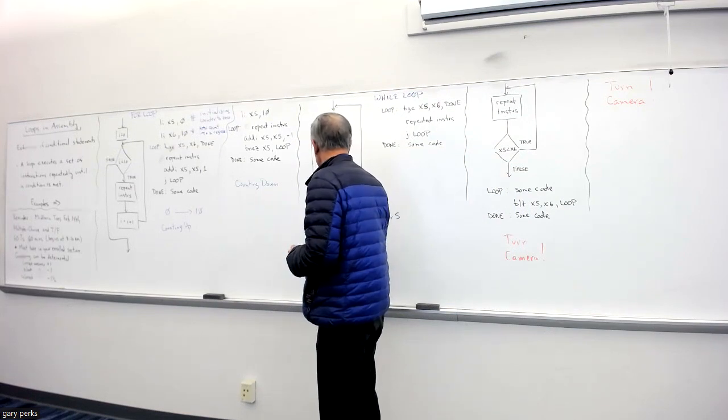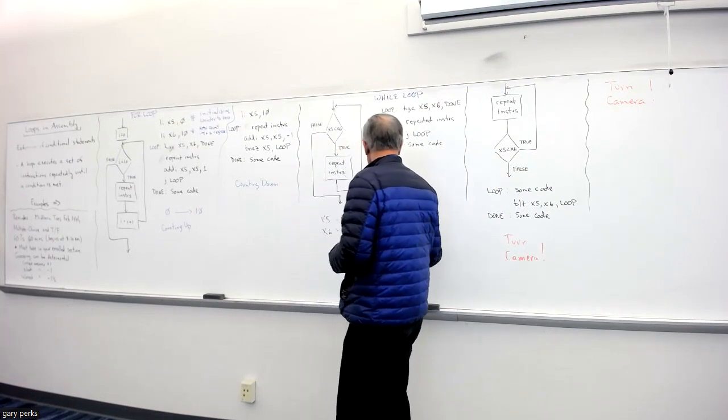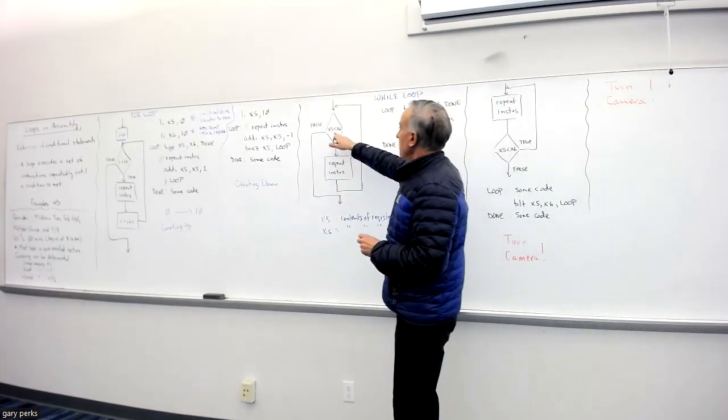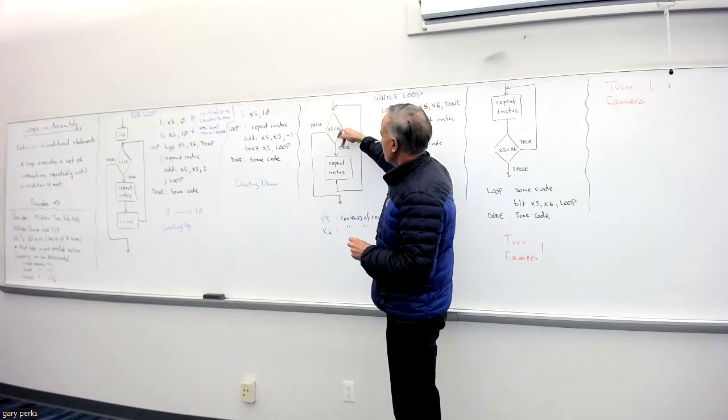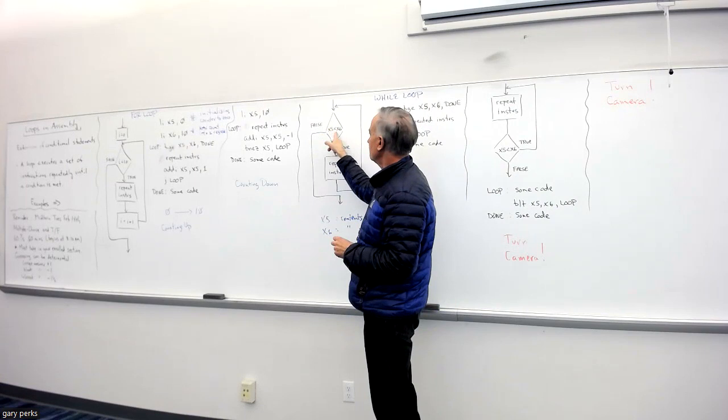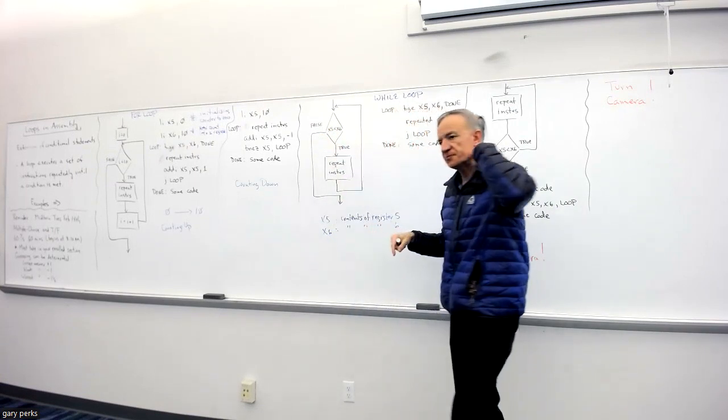X6 is the contents of register 6. Right? So we're just comparing the contents of two registers. If 5 contents less than 6, we're going to do repeated instruction. But if this is not true, well, then we're out of the loop.